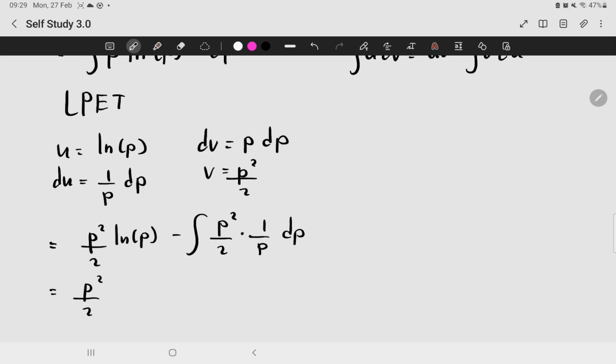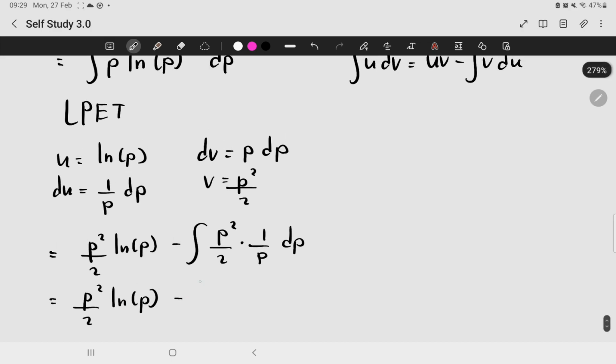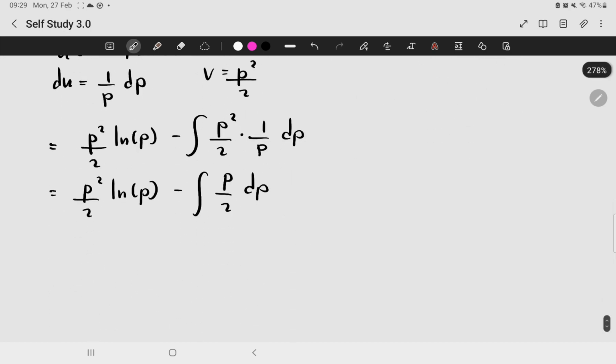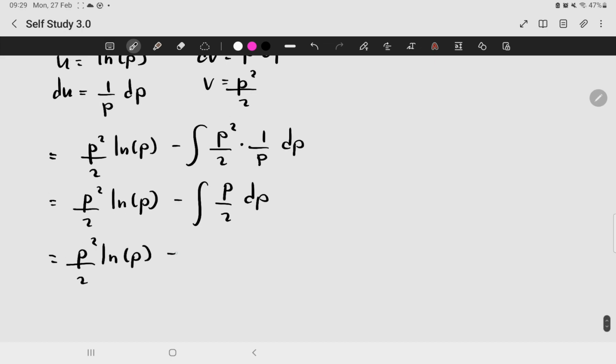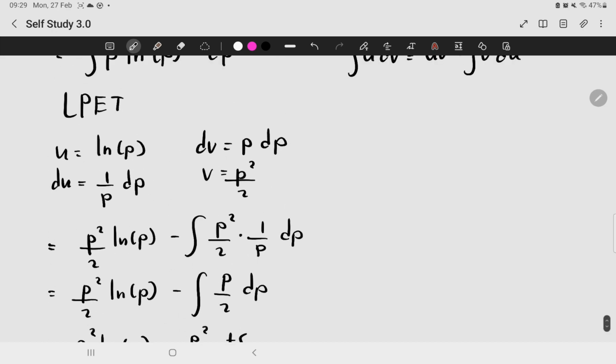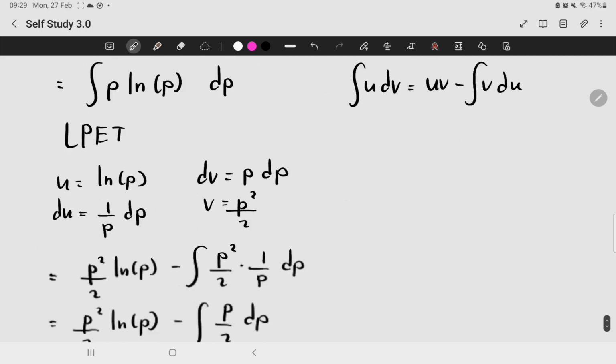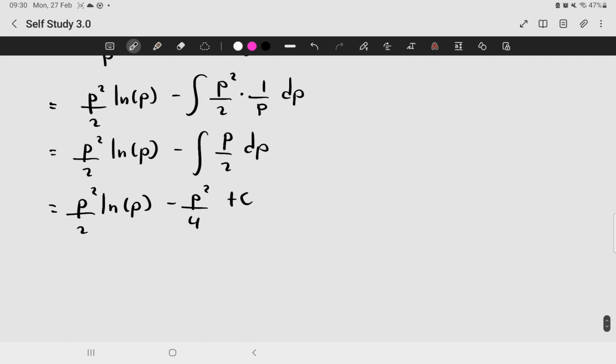P squared over 2 ln p minus the integral of p over 2 dp. So it should be p squared over 2 ln p minus p squared over 4 plus c. We add the c because this is the indefinite integral. So yeah, that should be it.